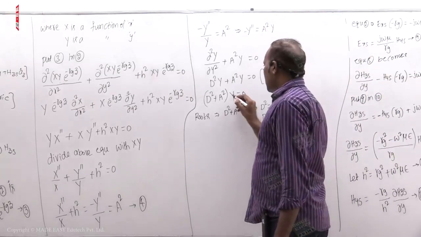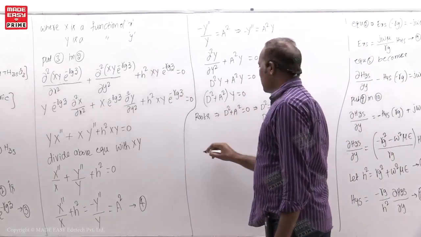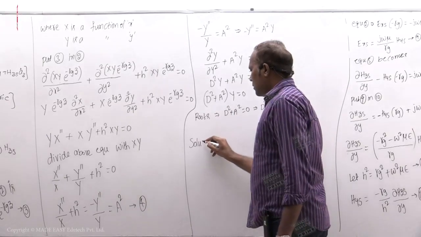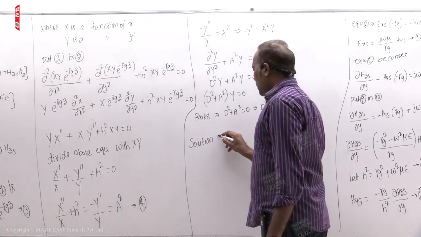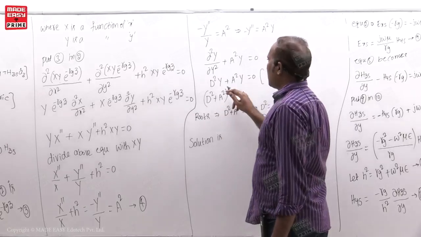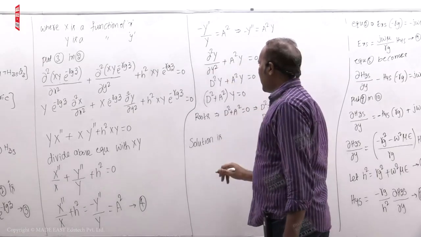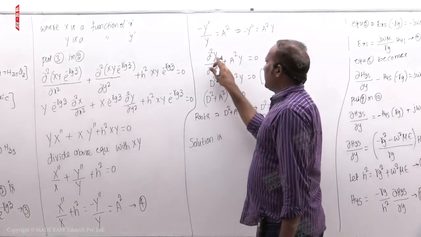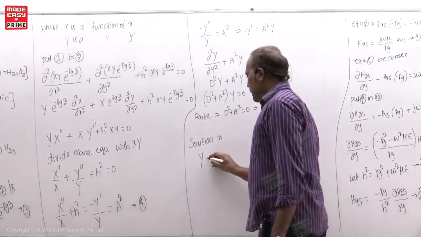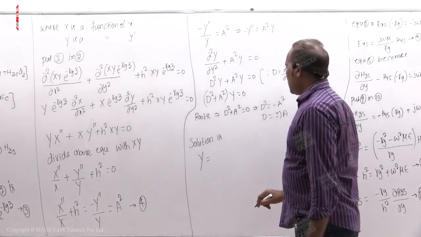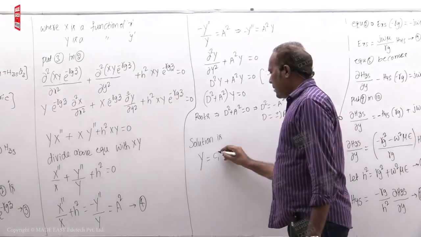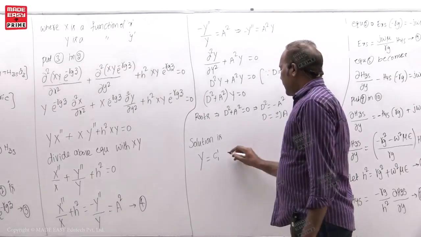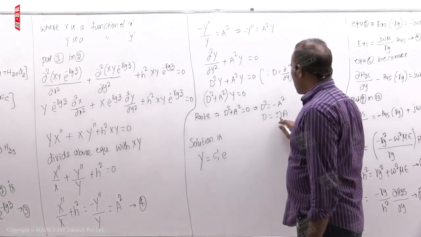Now the solution for this equation: Y is equal to some constant, I am writing c1 dash, that constant, exponential of the first root.